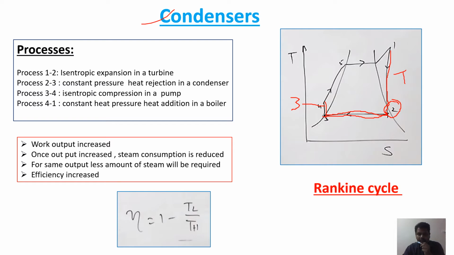Again from 4, it will be sent to the boiler in the 4 to 1 process. Since we are reutilizing the expanded steam by using a condenser, it will increase the efficiency of the Rankine cycle. That is the advantage of the condenser.